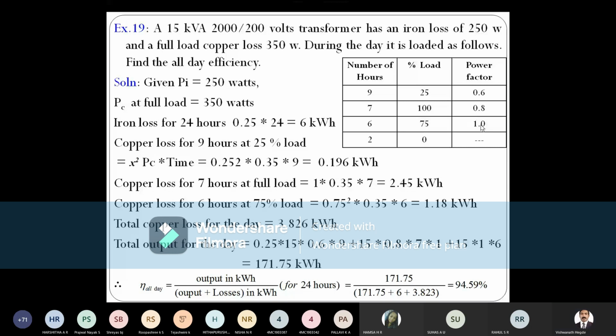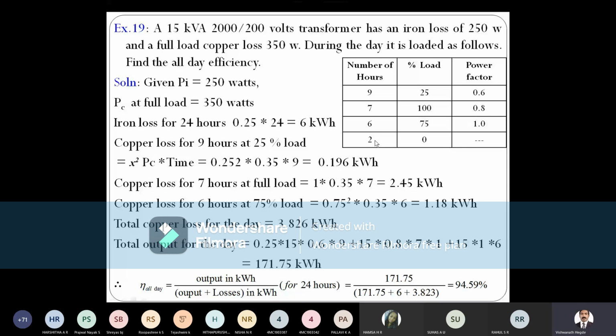So the number of hours, you should note, the sum of the number of hours should be 24. Totally 24 hours. If by chance some hours are missing, then you can assume that this is for no load. Suppose this finally says at the end 2 hours, no load, percentage load is 0 and no power factor. So by chance he says 9, 7, 6 only. That comes out to be 22 hours.